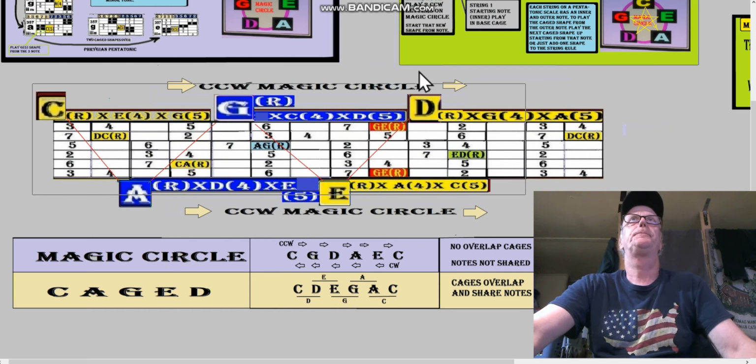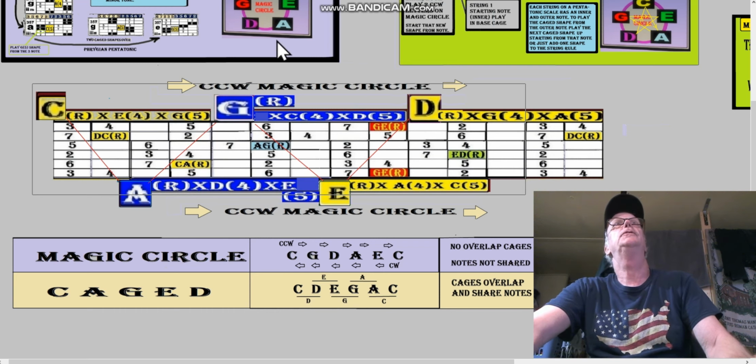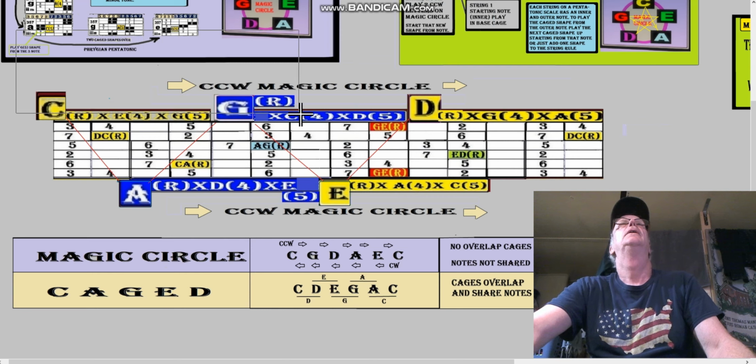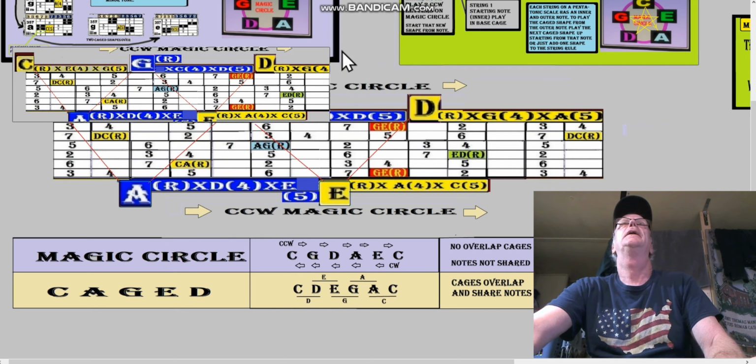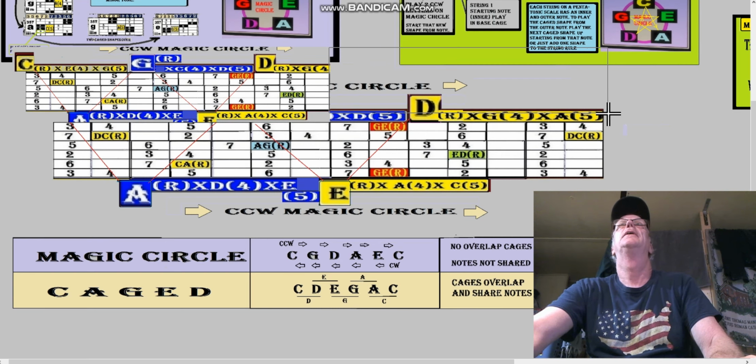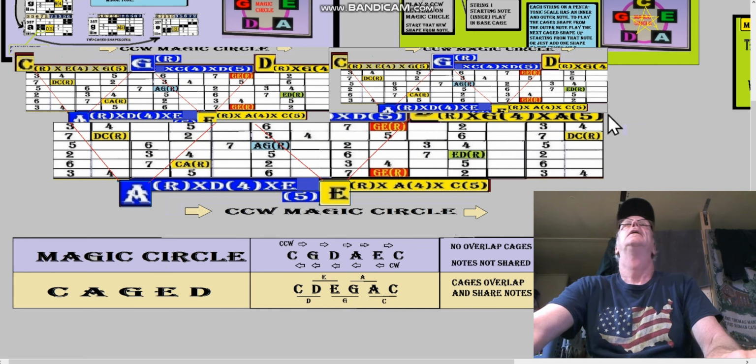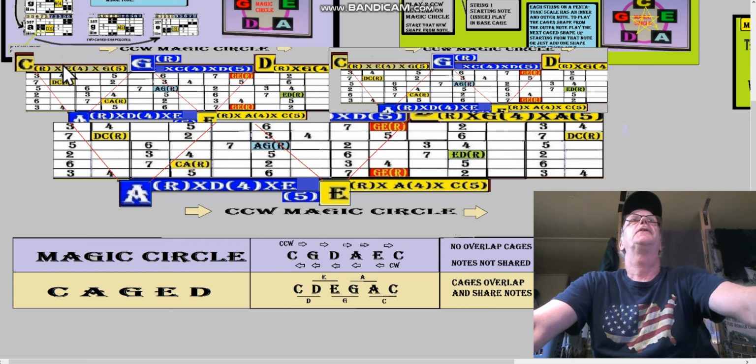Extending this, just doubling it, and then doubling it again like that, we'd get the whole magic circle up top. We'd get C, G, D, C, G, D kind of thing.